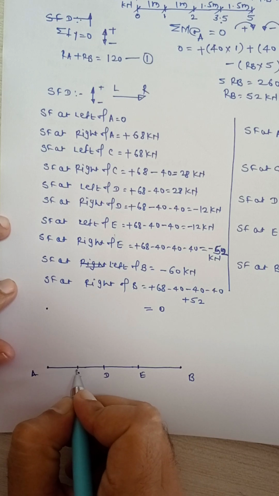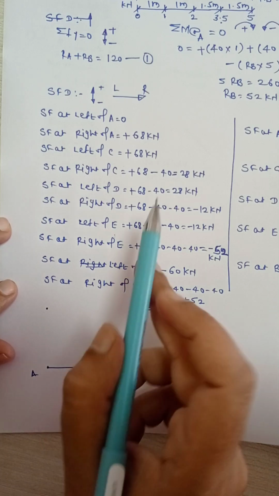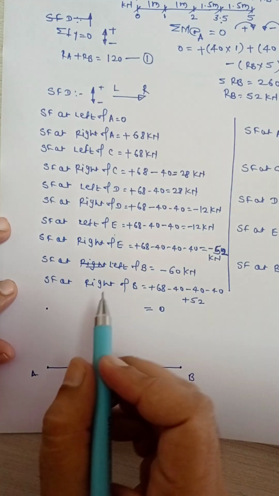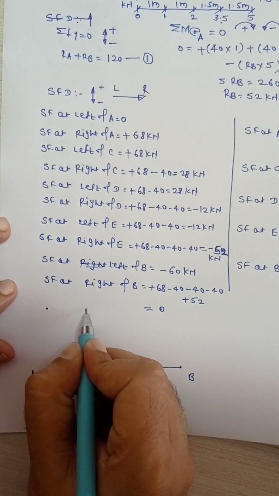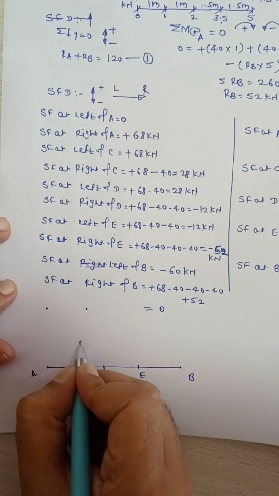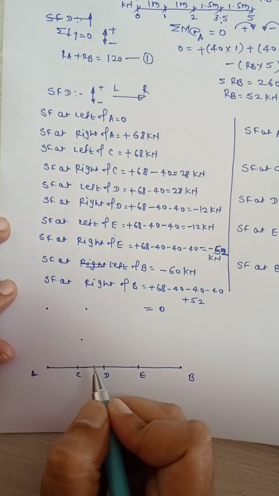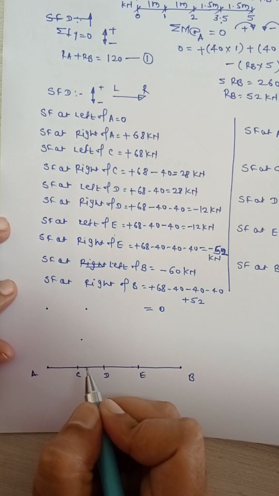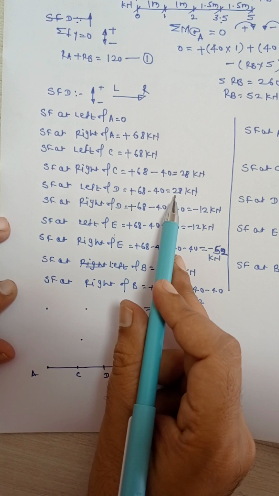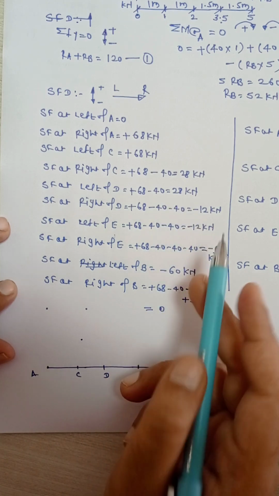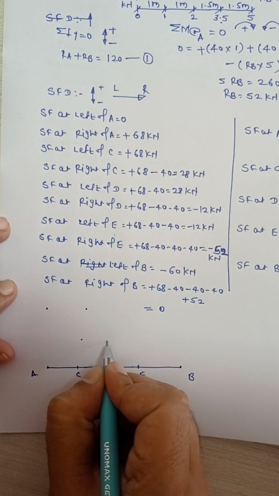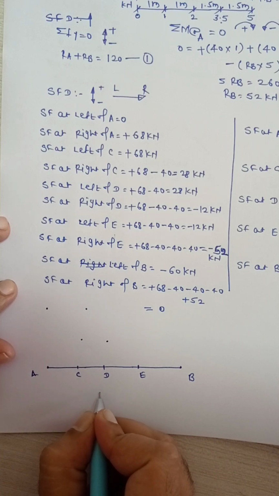At C point there are two values, plus 68 and 28. At D point two values are there, plus 28 and minus 12.